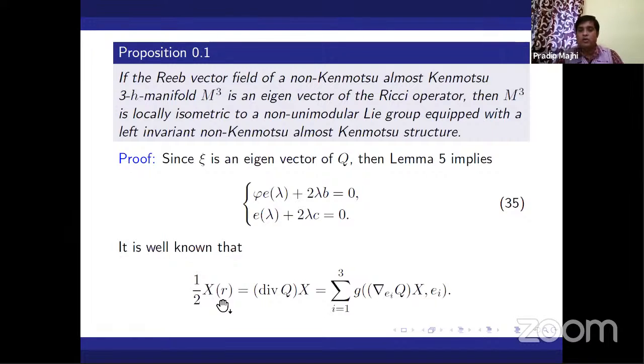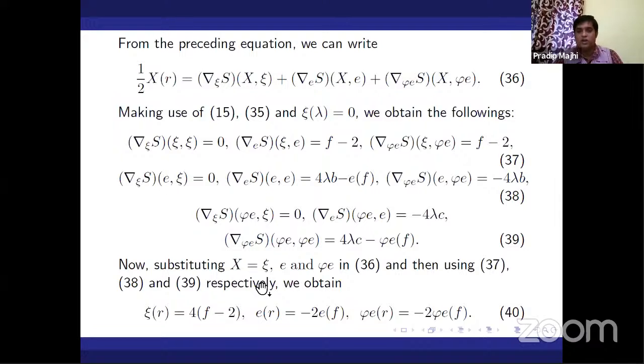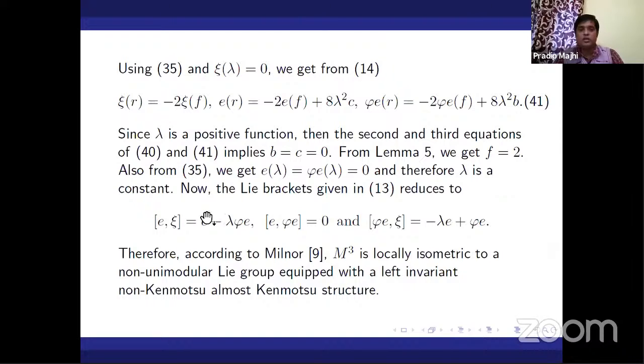Now if we use this value explicitly, after some calculations we get these three Lie brackets. We compare this part of the Lie brackets with Milnor's result, which we already defined in example 6. Then we get our result, that M3 is locally isometric to the non-unimodular Lie group equipped with a left invariant non-Kenmotsu almost Kenmotsu structure.